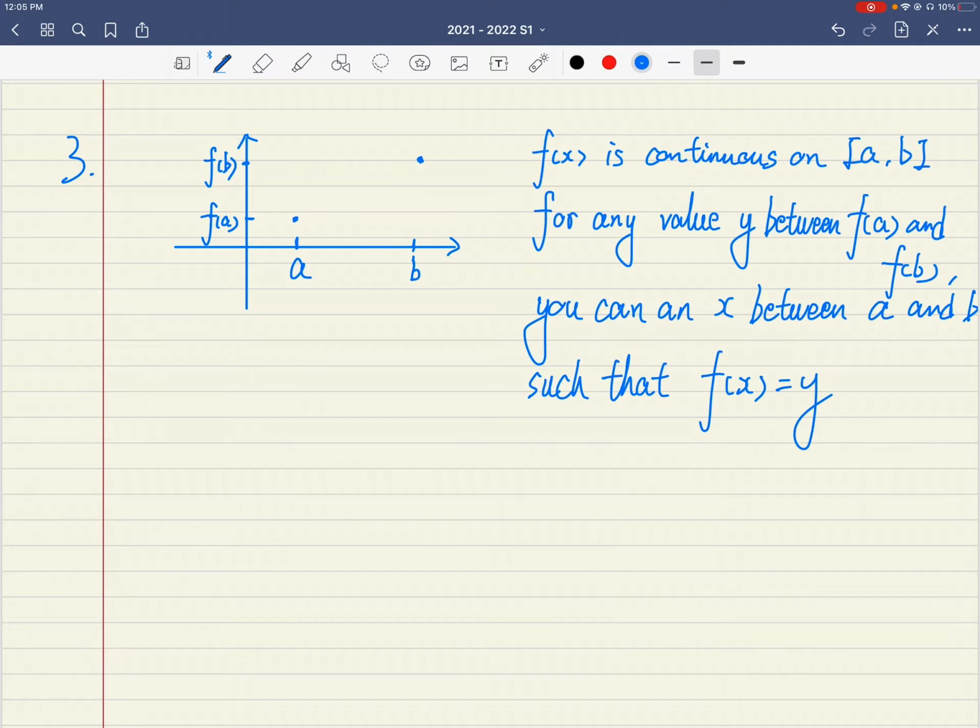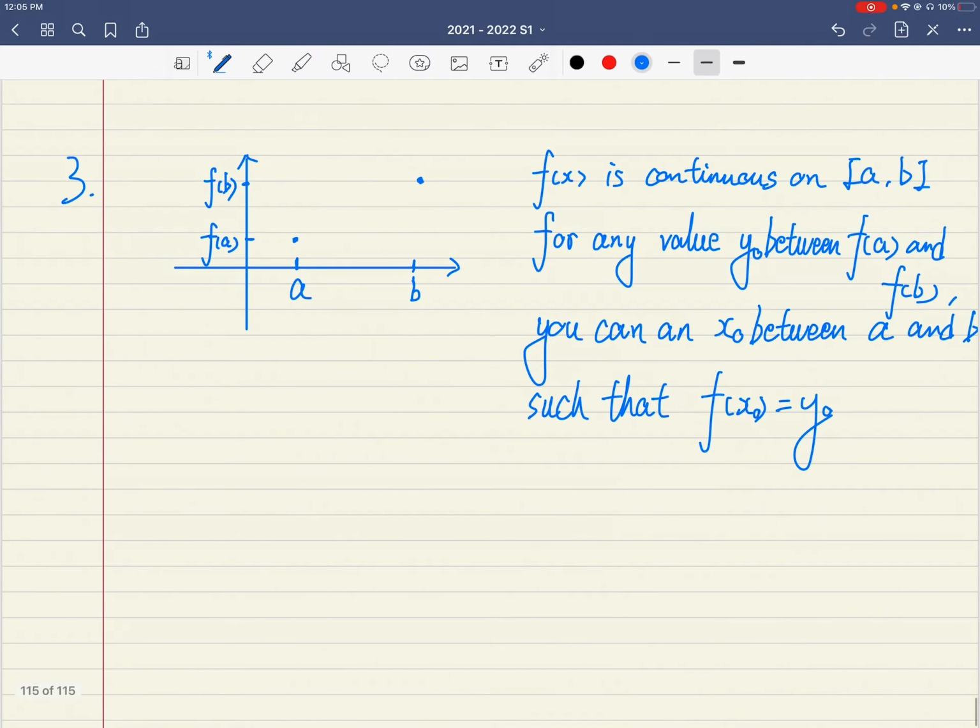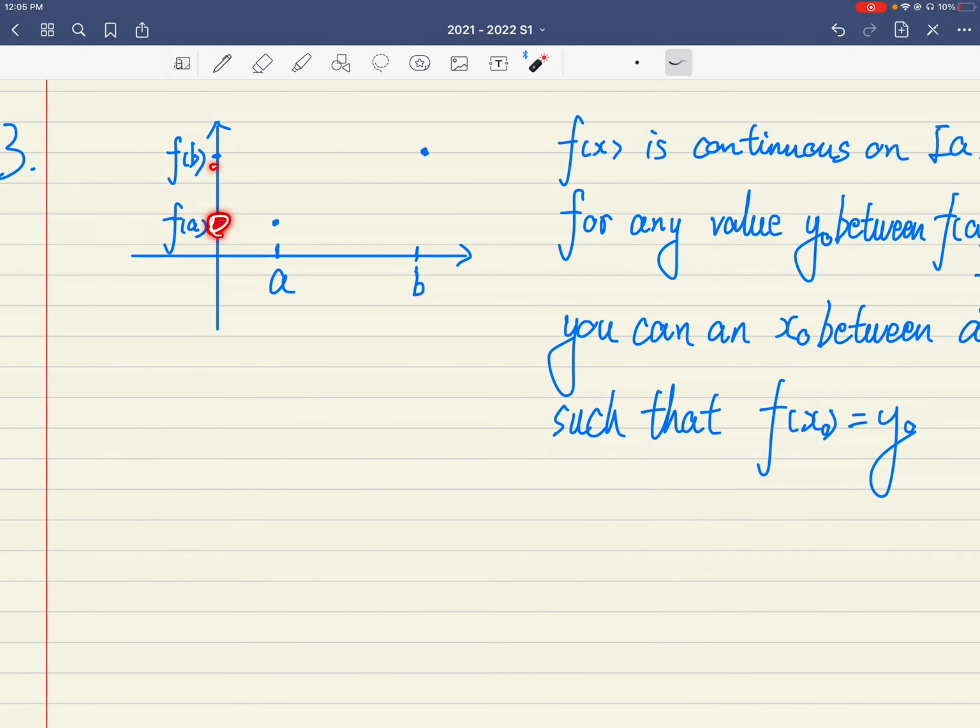Let's call this y0, x0, because usually x and y are variables, so x0, y0 are fixed values. So what does that mean on the graph? Let's find any value between f(A) and f(B), for example this point.